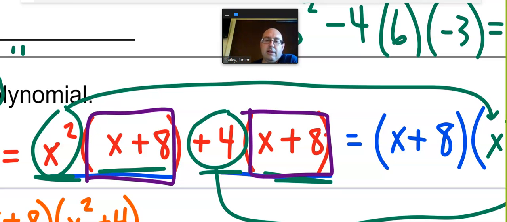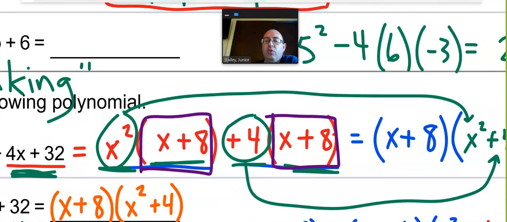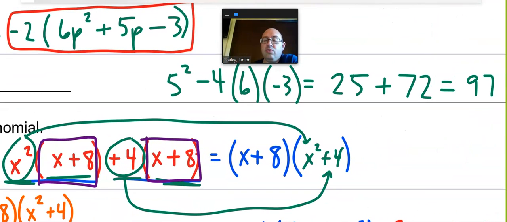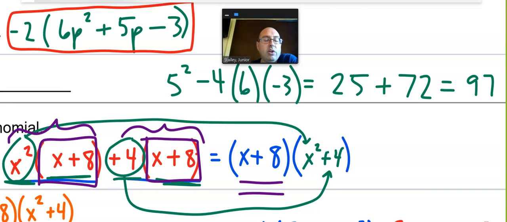So now they're using a GCF again, and they're saying, what does this term and this term have in common? Well, they both have an x plus 8. So if you pull that out, what are you left with? The two things in green that I circled, x squared and plus 4. So you'll see that my final answer looks like this.